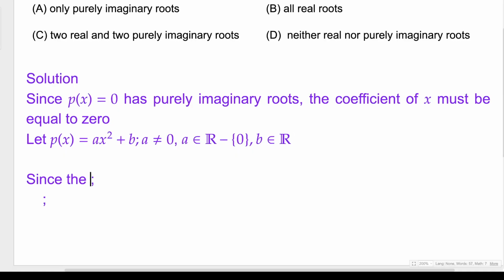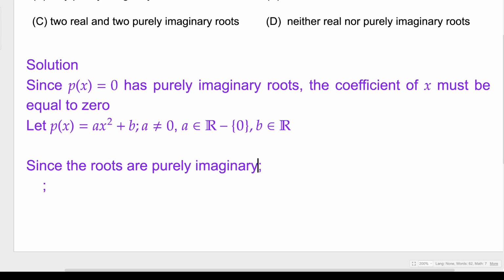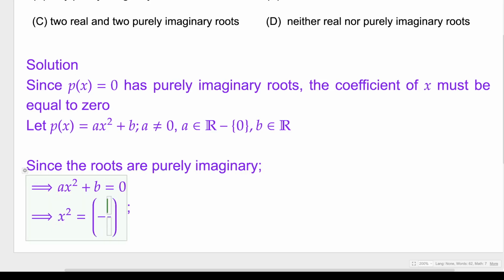Since the roots are purely imaginary, we can state that ax square plus b equal to 0, and this clearly implies that x square is equal to minus b over a, and this is definitely a negative quantity, right?